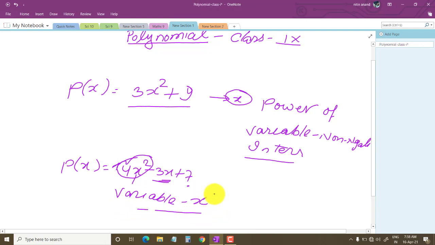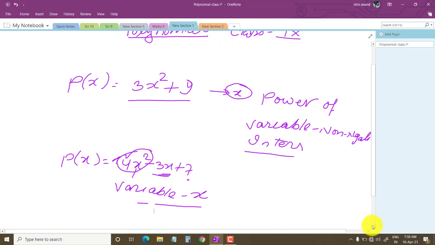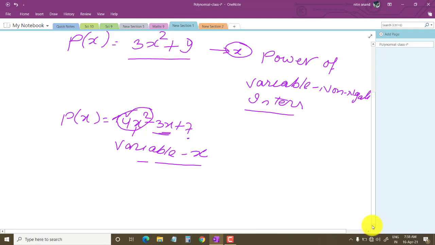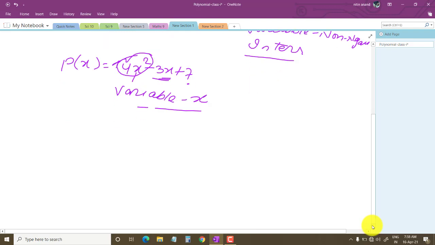Now, is this expression a polynomial or not? For the polynomial, we will see the power of the variable in each term.